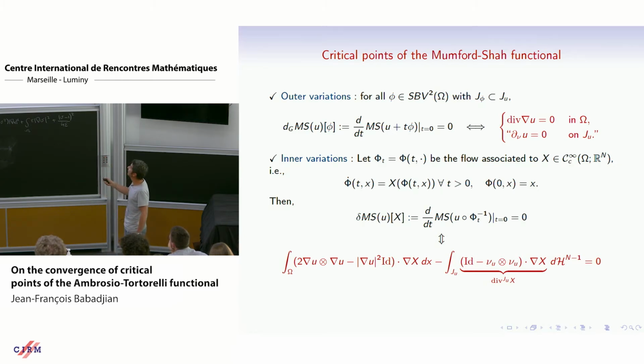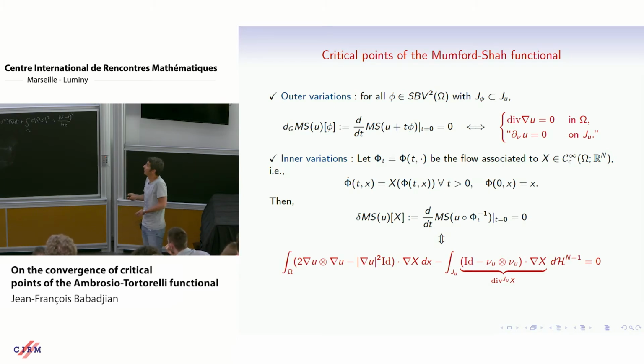And when you do this type of variation, what you get is that the approximate gradient of u is divergence free. Okay, so this is not a Laplacian because this is the divergence of the approximate gradient. And in a suitable weak sense, because the jump set J_u is in general not smooth, the normal derivative of u vanishes on the jump set.